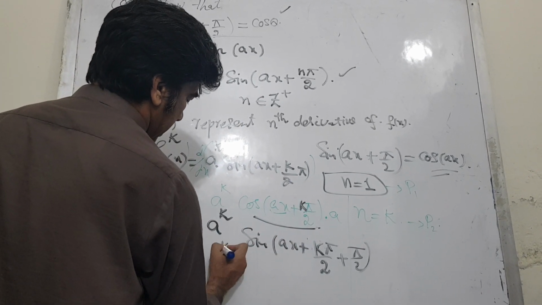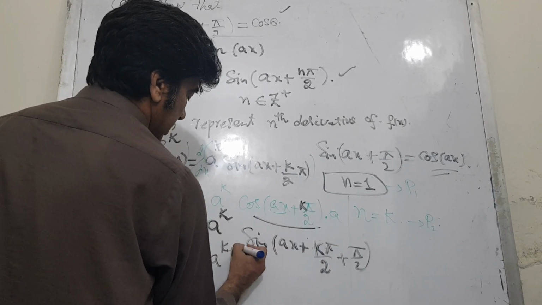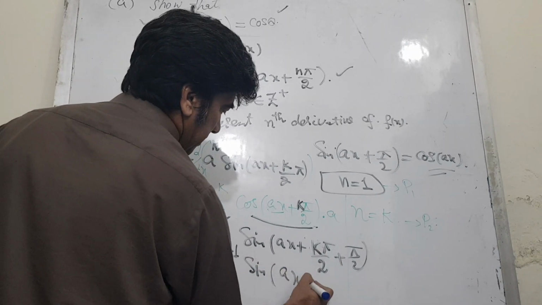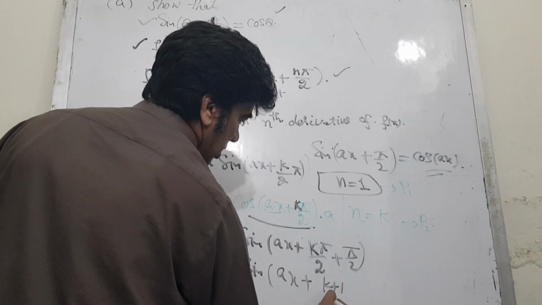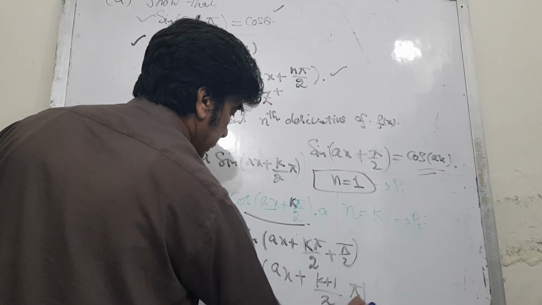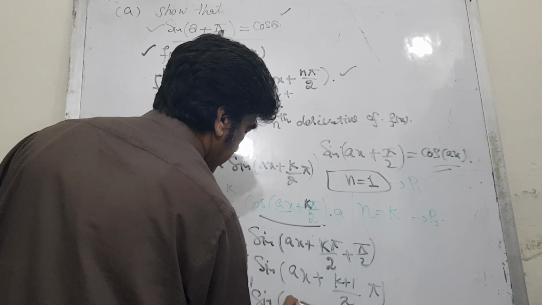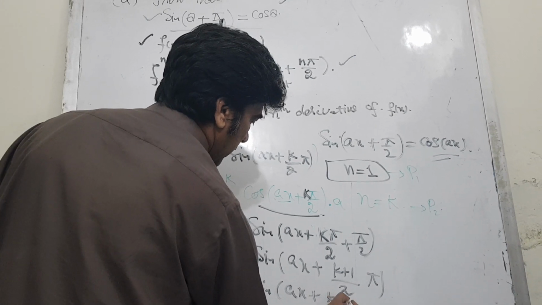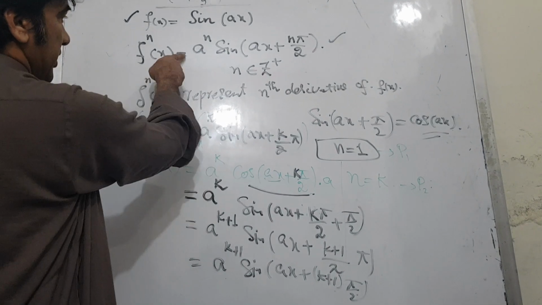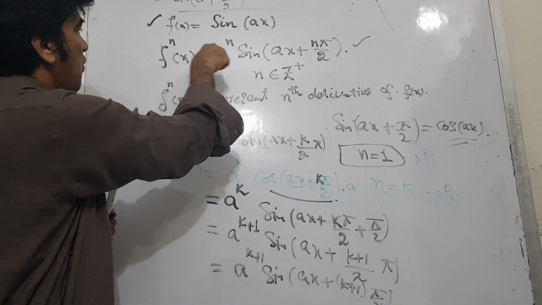So in the next step, a^k times a, so this becomes a^(k+1), and then sin(ax + (k+1)π/2). So in the next step, a^(k+1) sin(ax + (k+1)π/2), and if you match it with this, you have assumed by yourself that this is true for k.